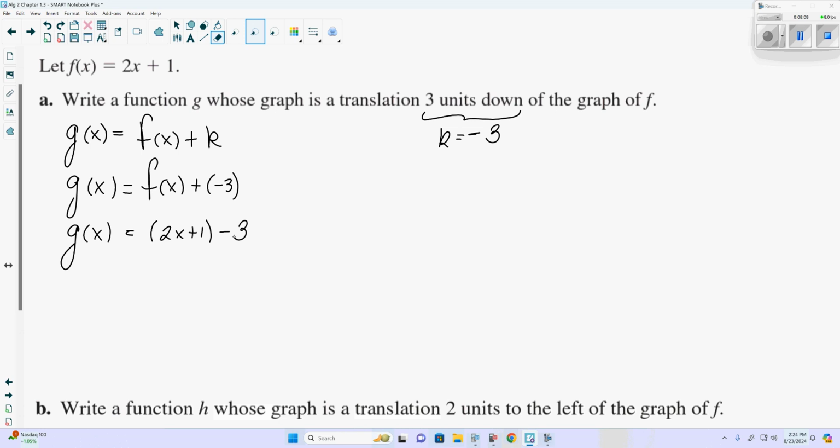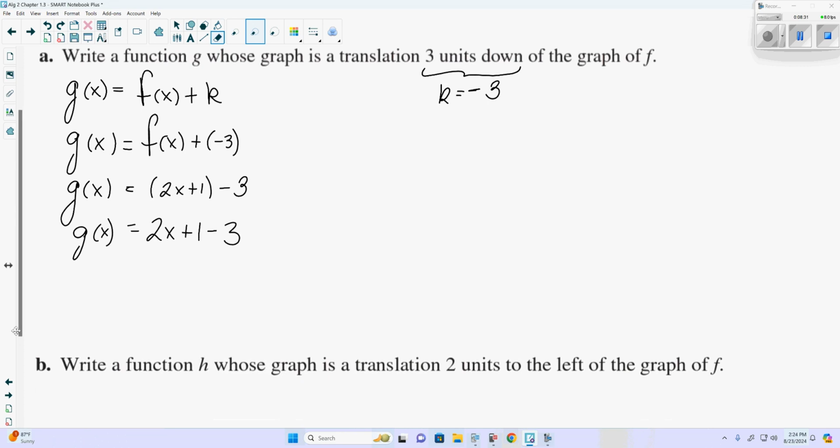Questions on this so far? Is there anything in front of the parentheses of our 2x plus 1? No, so what can we do with those parentheses? We can just drop them. We don't need them. So it is 2x plus 1 minus 3. Combine like terms.